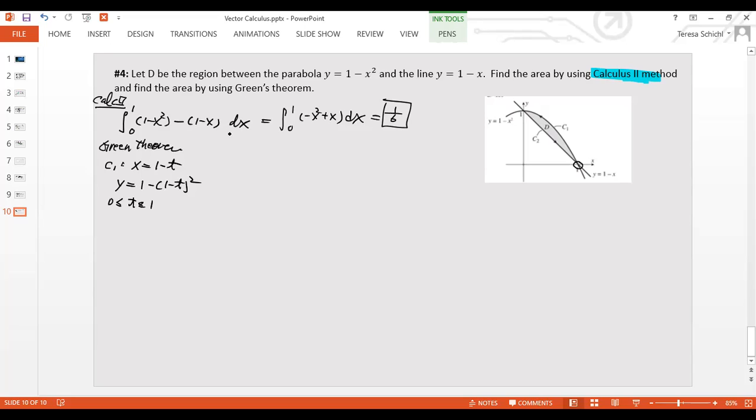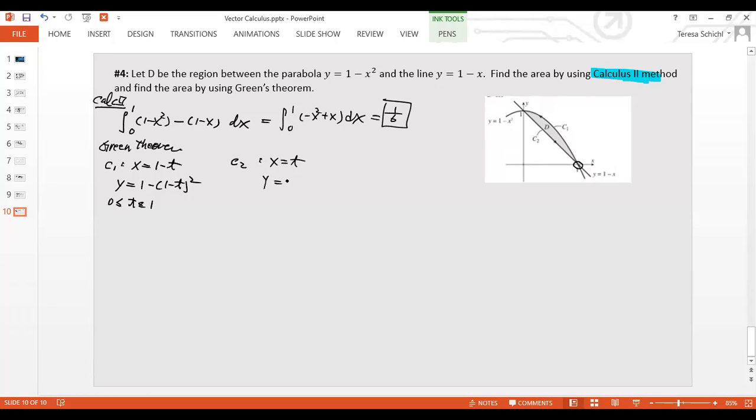So t is from 0 to 1. All right. Now let's take a look at C2. These lines here, how do we parameterize this one? The line is 1 minus x, right? So I can just let x equal t.